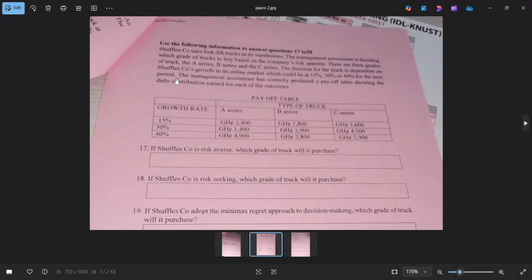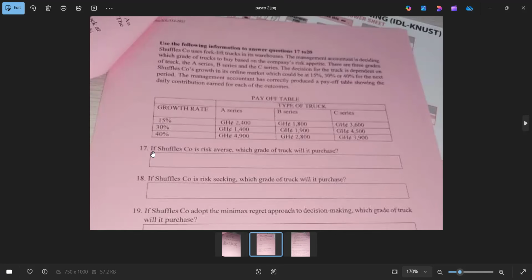For the next period, the management accountant has correctly produced a payoff table showing the daily contributions. Please, this is contributions. So contributions, profit, and sales, I said we'll be using the what? The maximax and the maximin. So for each of the following, that is the contribution. This is the payoff table that has been constructed for you.